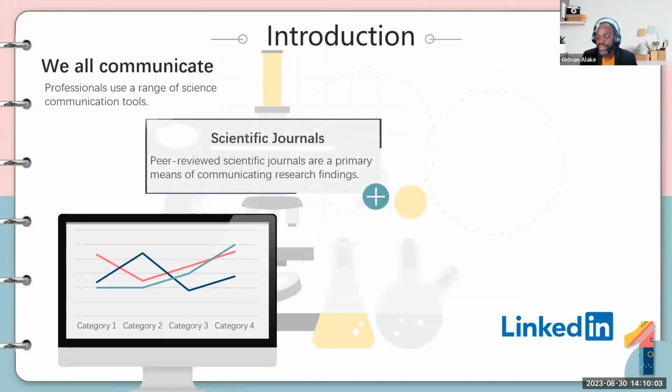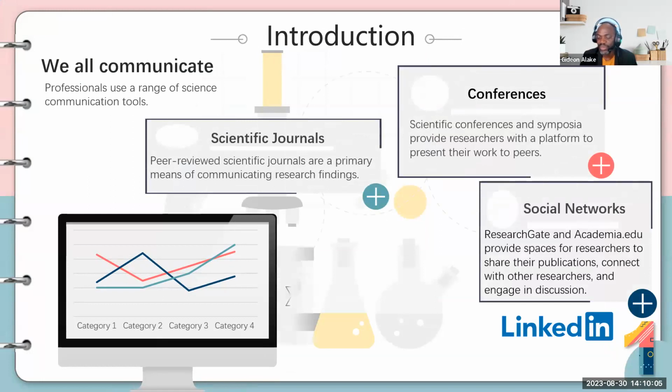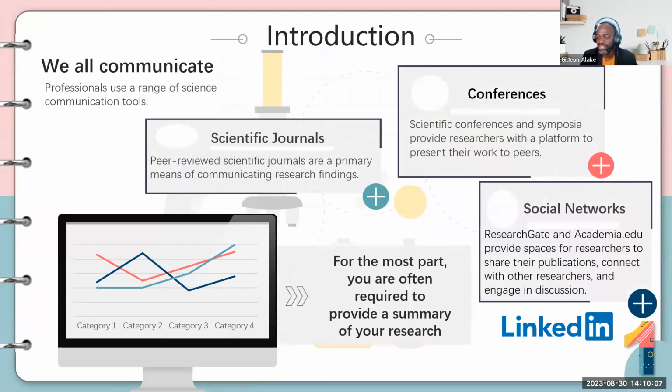We all are communicators, regardless of whatever field of research you're in. You do need to communicate your science to others. We use several communication tools or avenues to make that happen. We have scientific journals where you submit your article for peer review, and you have conferences as well.